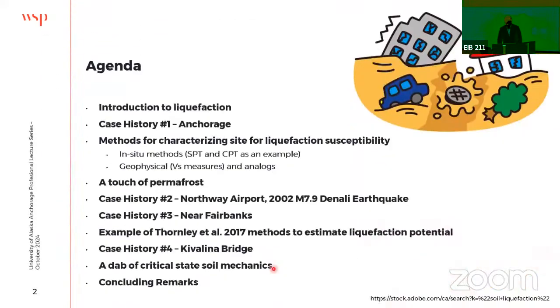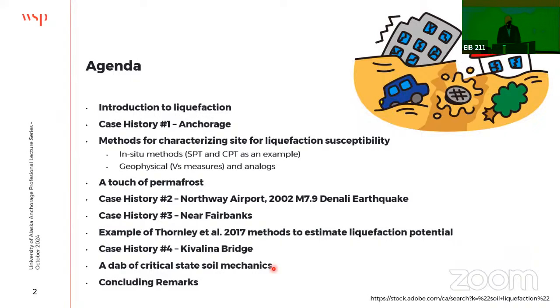A little bit about what we'll be covering today. Essentially, just a little bit of background on liquefaction, so we're all on the same page. Believe it or not, Anchorage used to have permafrost, and we have a liquefaction problem. So that's a nice analog for the rest of the state, and permafrost across there.